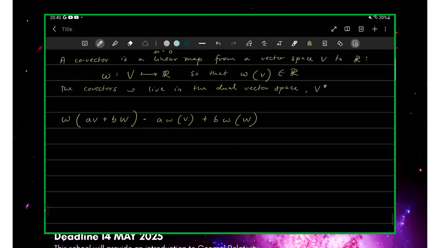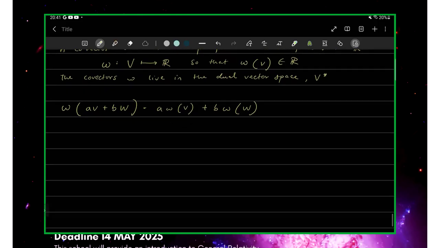Okay. Now, next thing we want to do is, we've defined a covector, and we also said that these covectors actually live in a dual vector space V star, right? So in the context of our manifold, we know that all the vectors live in some tangent space T_p at a particular point p, right? So in this case, the covectors at a particular point p would actually live in the dual of the tangent space, which we call T_p star.